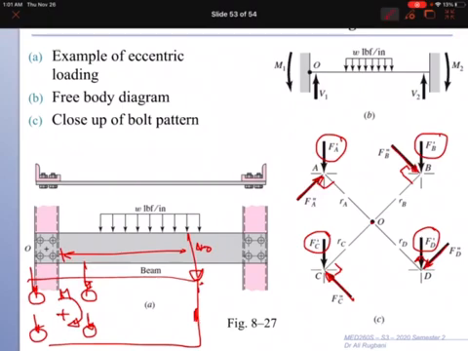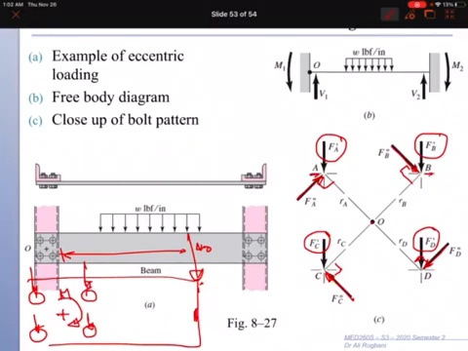So each bolt will have primary load and secondary load, and this will give you the total load for each bolt. The bolts will not carry the same amount of load, because let's look at bolt B, this one here, and bolt A.